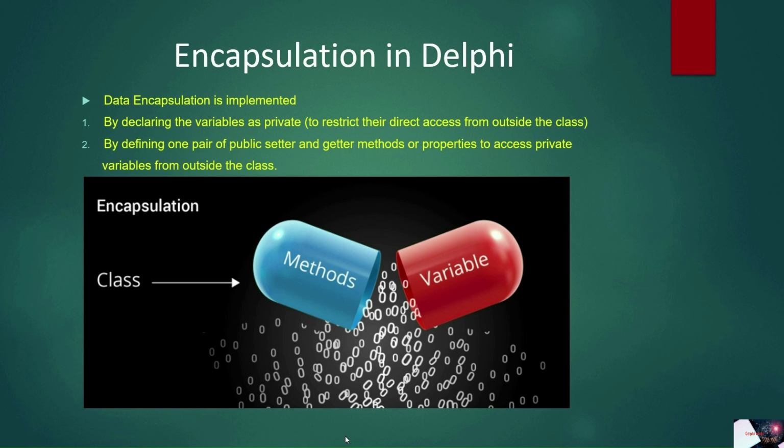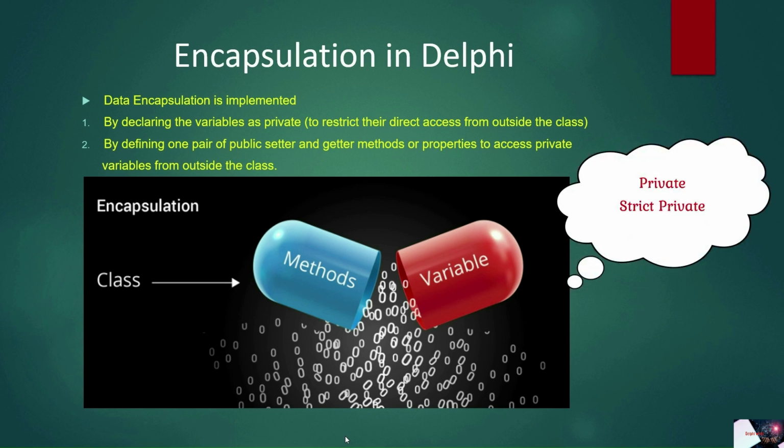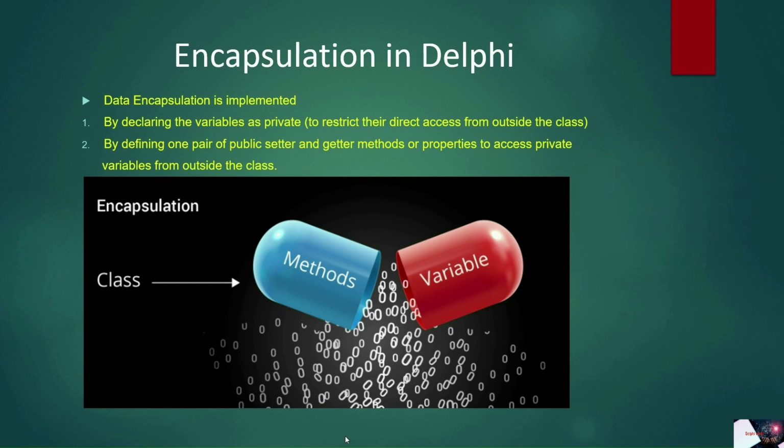So data encapsulation can be implemented by declaring a variable as a private member, right? We know that in Delphi we have types of private members: one is strict private, that is the private member, and we have protected members also, to restrict direct access from outside of the class. So we can avoid access to the data members from outside of the class directly through the object.